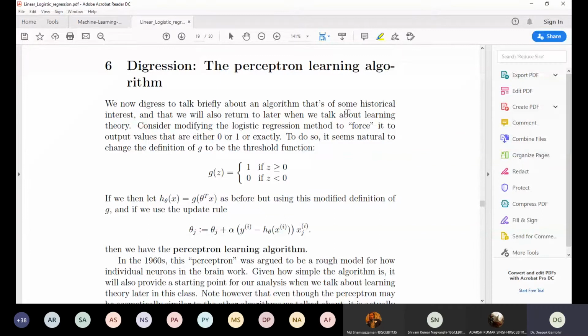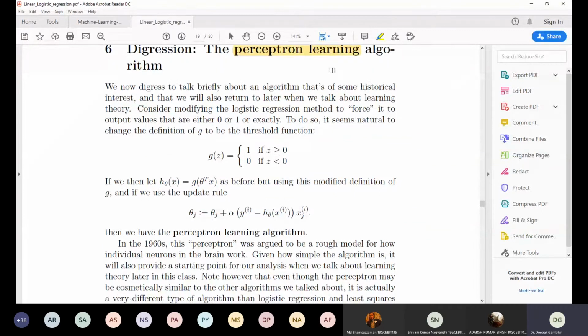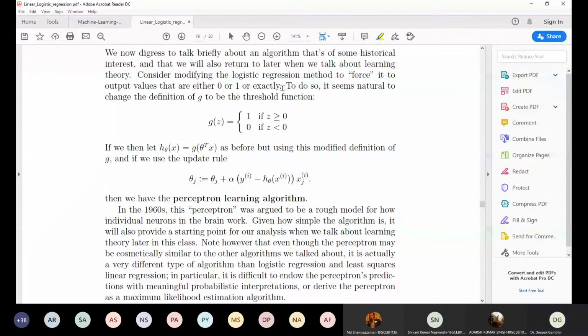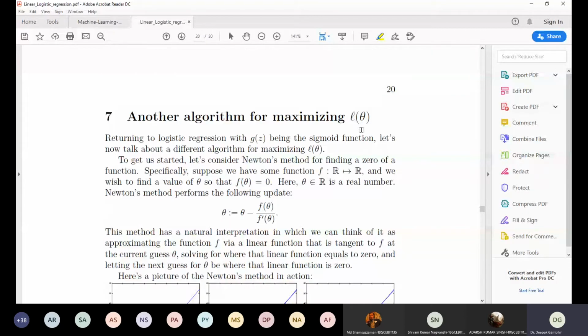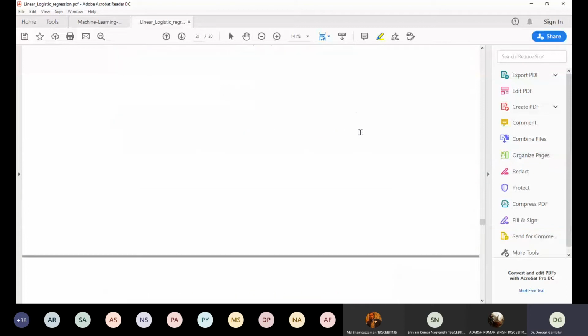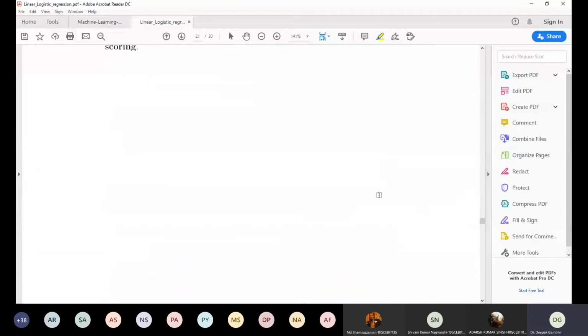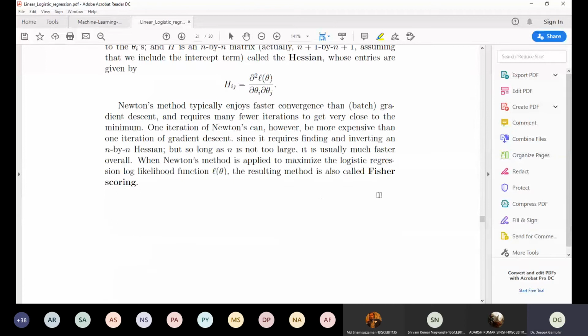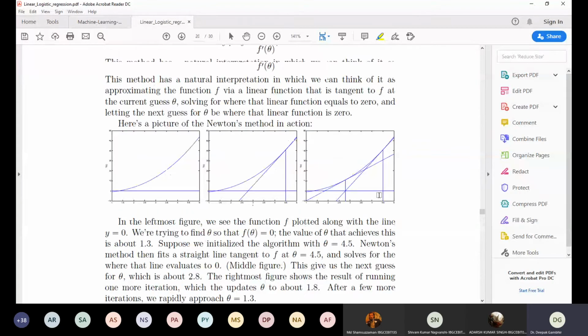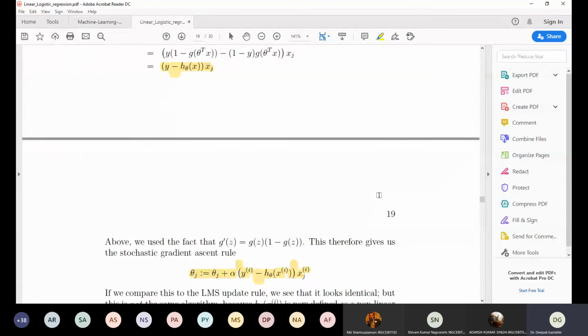In the case of perceptron learning, we will set g of z as 1 if z is more than 0, and 0 if z is less than 0. So this function is somewhere like a step function. So this is the function in which it is going towards 0.